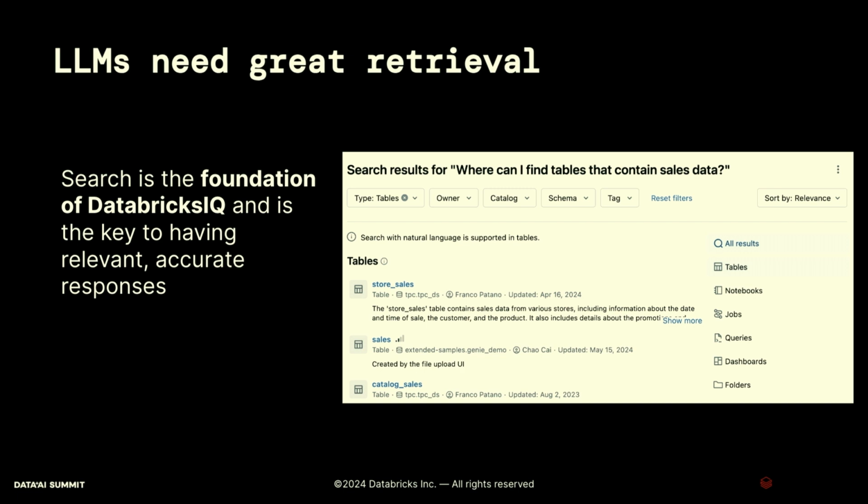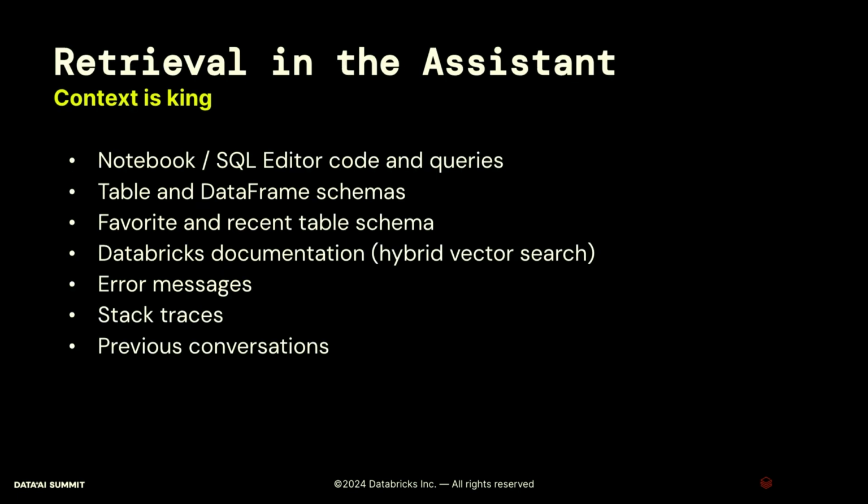So a large portion of the team is focused on solving this retrieval problem, where we've added a number of new features. We've improved the quality of search significantly. We've added semantic search, where you can use natural language to find tables. We have vector databases to do fuzzy matching. We have recents and popularity. All of these signals we actually use in our assistant to provide accurate answers. So that's like ingredient number one.